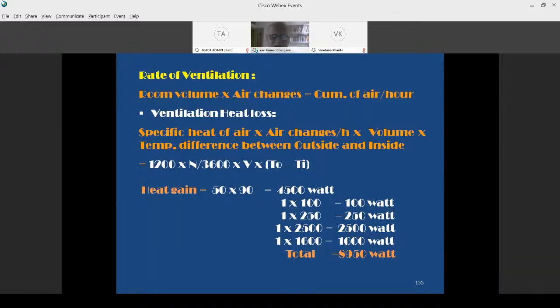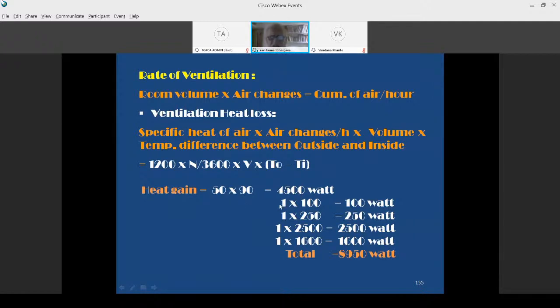So friend, all this 5 degrees, that means this wattage, is responsible. The sum of this total is 8,950 watts. We have given you 50 students, each student generating 90 watts, so 50 multiplied by 90 is 4,000 something.